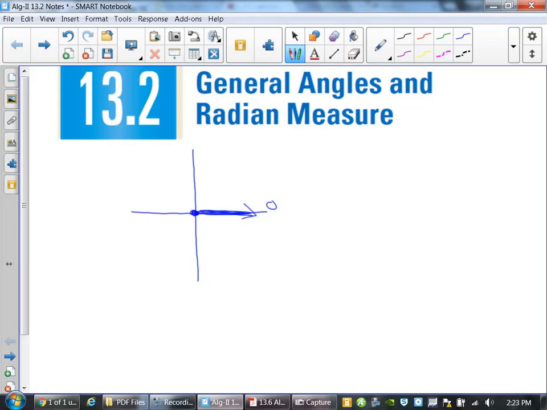Angles that are positive rotate upward. They go counterclockwise.